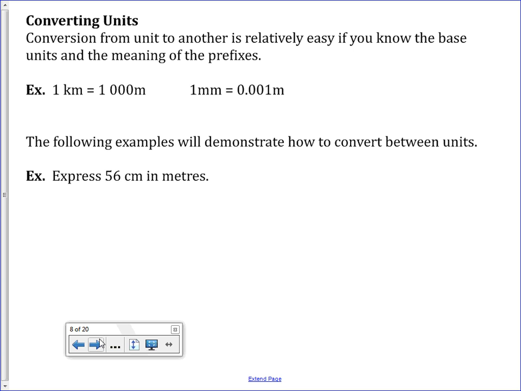So conversion from one unit to another unit is actually relatively easy if you know the base unit and the meaning of the prefixes.